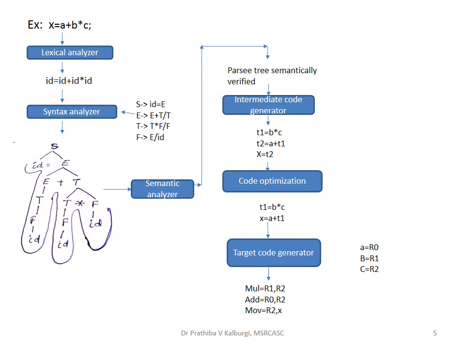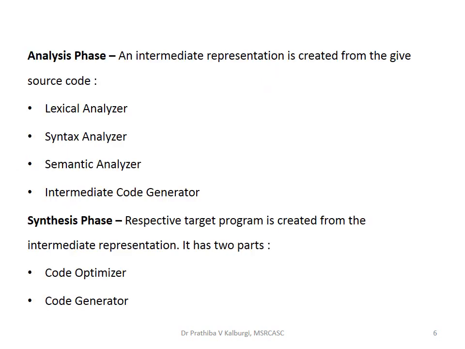Similarly, the first four phases we call the front end, and the code optimization as well as the target code generator are considered the back end. Whatever you have seen in the previous diagram is represented in two phases: one is called the analysis phase, the other is termed the synthesis phase.